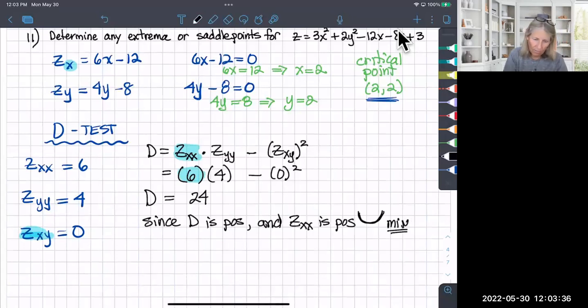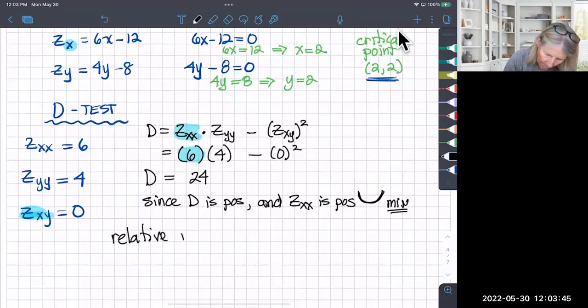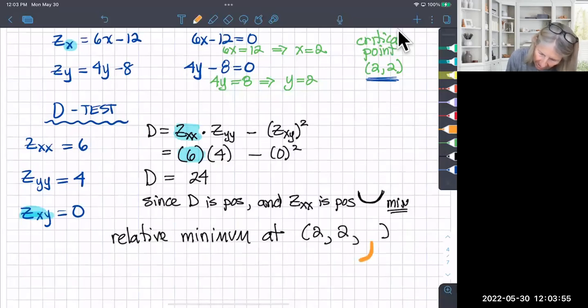Okay, so let's figure this out. We want to get the ordered triple. So we have a relative minimum at (2, 2, something). I have to find this z value. I've got x and y, I need to get z.